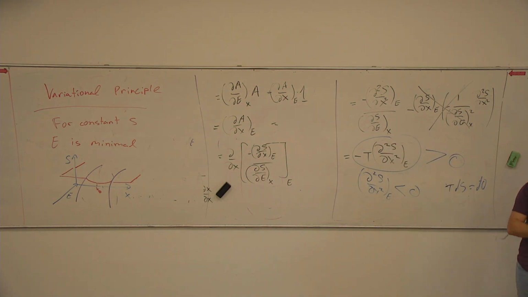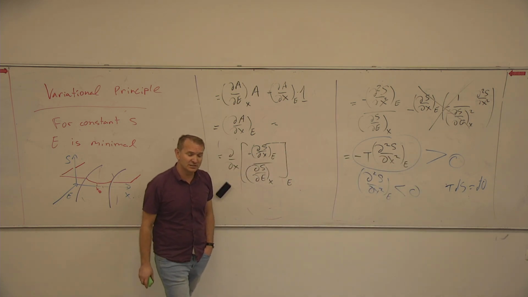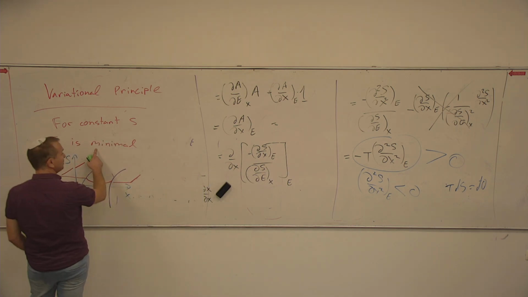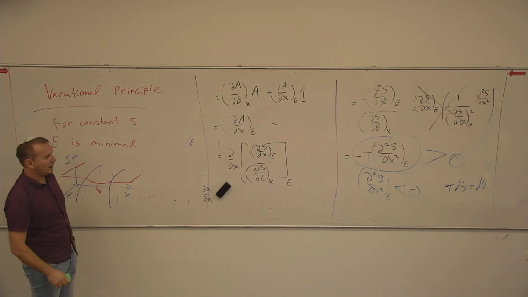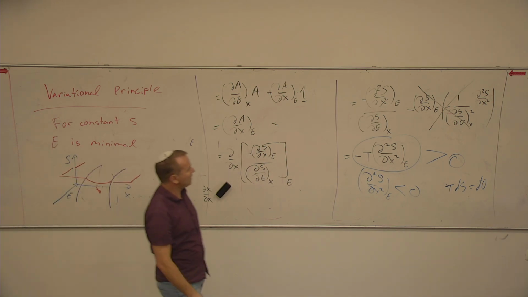Any other questions? Yes? I'm confused. How did you reach that principle? I started from the maximum principle and I reached this principle. This is what I've done in the last 20 minutes. So, this equation is the second derivative. What happens if the first derivative is 0 and the second derivative at a given point is less than 0? It's a maximum. But if it's greater than 0, it's minimal, and it is the energy.